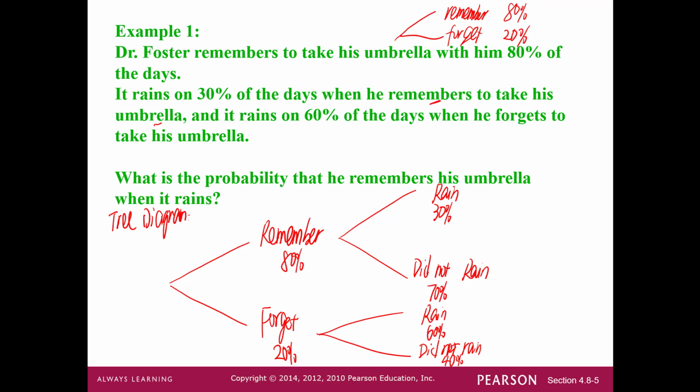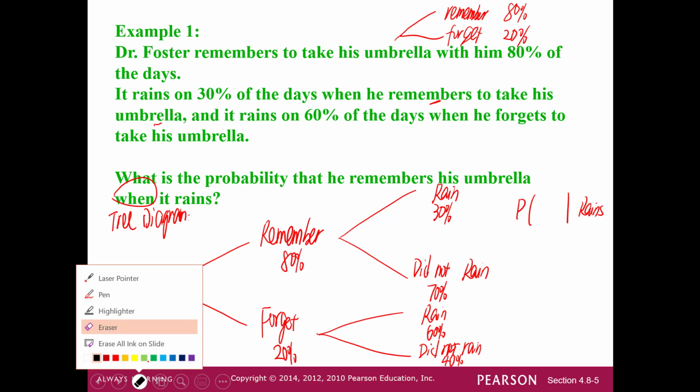Now the given conditional probability here is: what is the probability that he remembers his umbrella when it rains? So it's a given condition, that it rains.